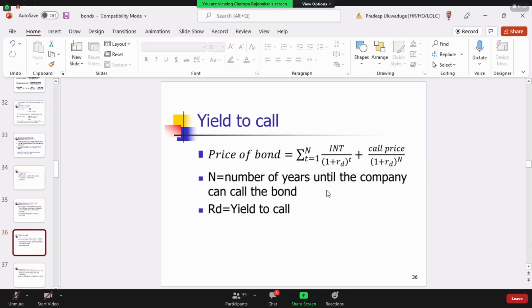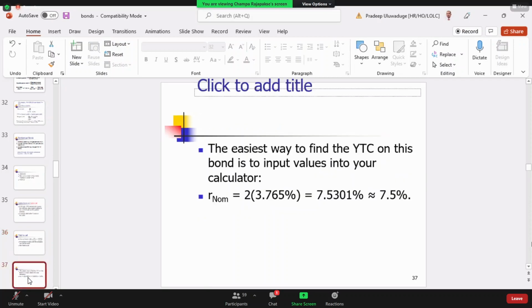N is the number of years until the company can call the bond. The easiest way to find the yield to call on this bond is to put values into your calculator and take the solution. So that is approximately 7.5%.